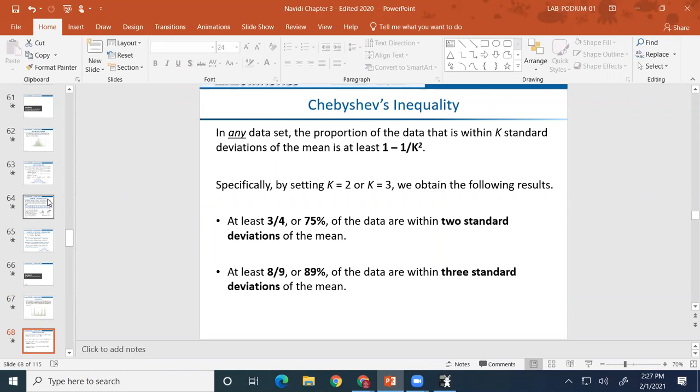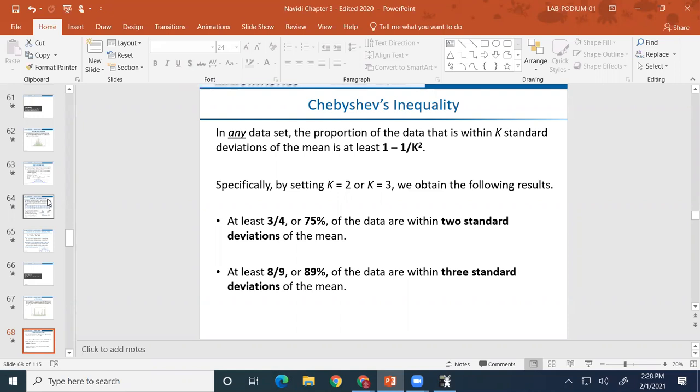I mean, this formula is not really necessary, but this is how these two things are derived. If you take 2 and put it in for k there, that's 1 over 2 squared, or 1 over 4. 1 minus 1/4 is 3/4. And then for here, it's the same thing.